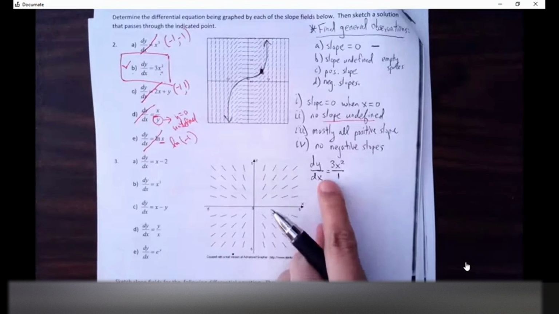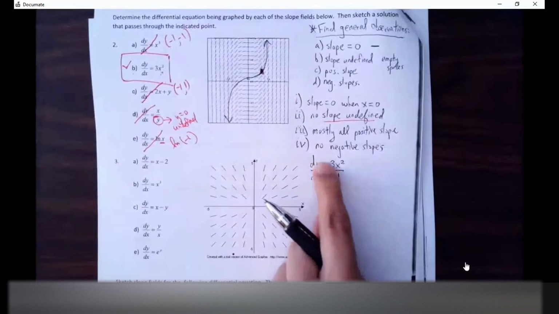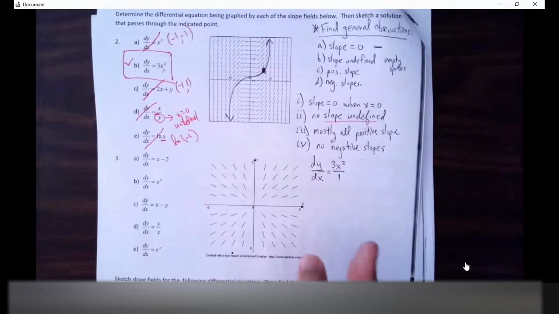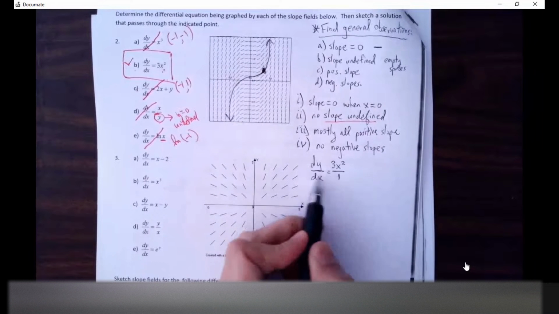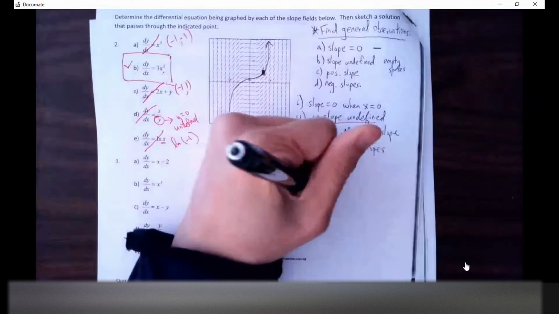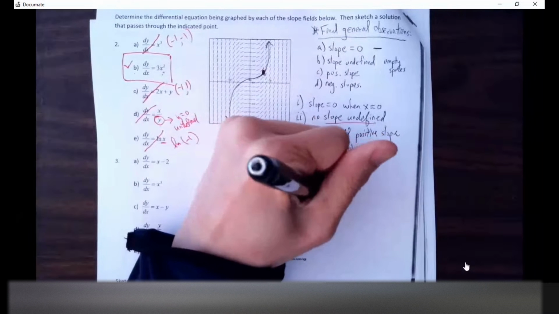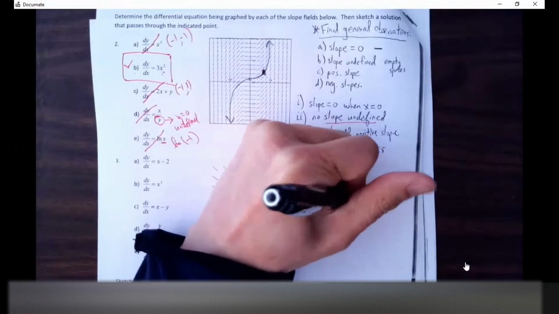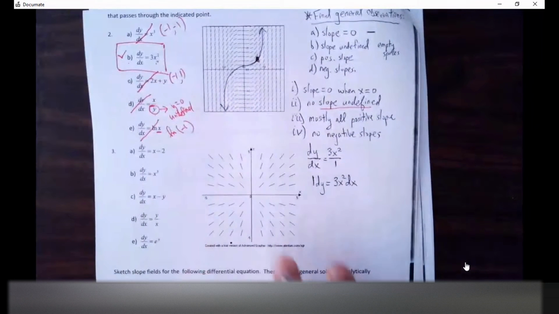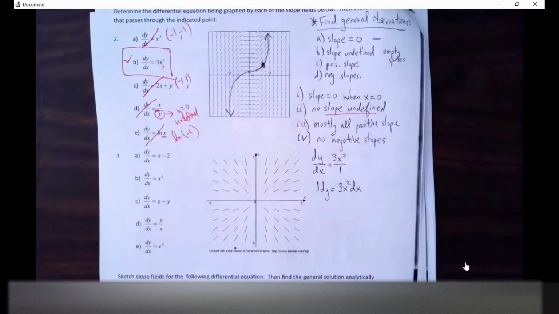Just like how we did last Wednesday, we're able to cross multiply, separate the variables, and then take the antiderivative. So I'm going to get the fractions out of the way here. So cross multiply. Okay, we take the antiderivative.